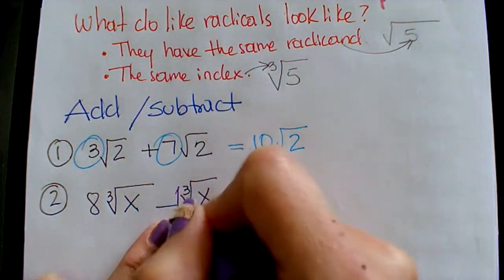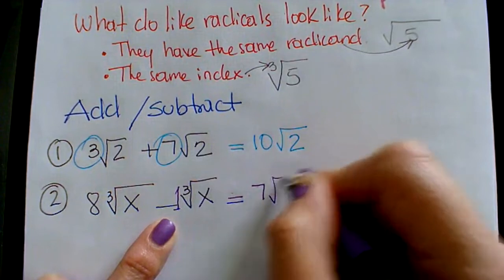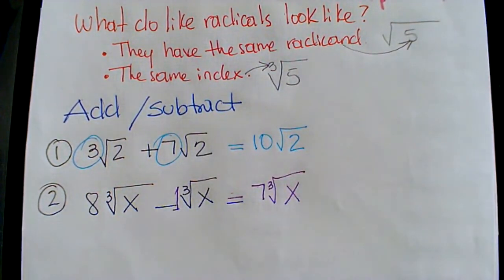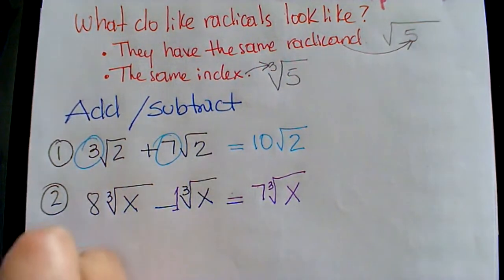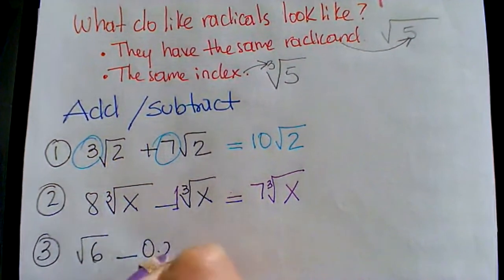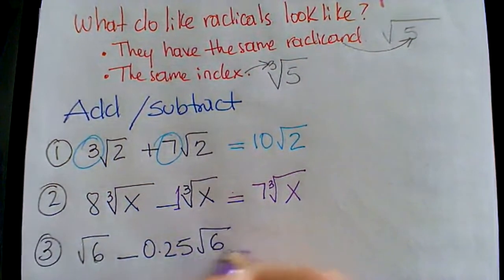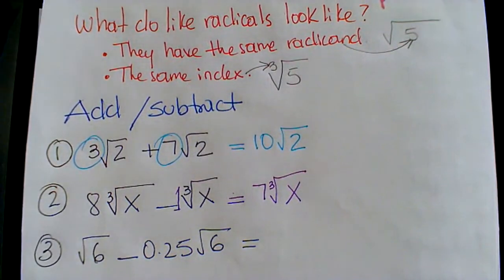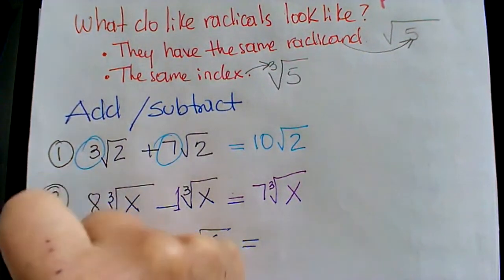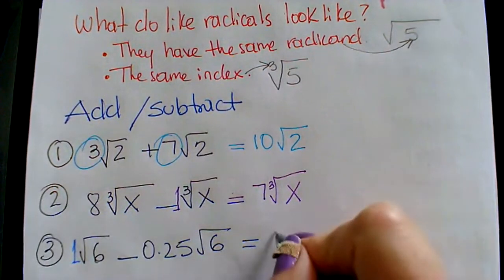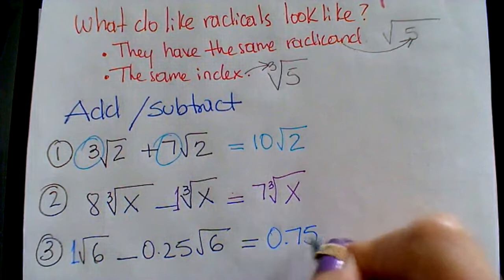Here's a 1. 8 minus 1 will be 7 cubic root of x. Let's do this one. We have a square root of 6 minus 0.25 square root of 6. What do I do? We have a 1 here, remember. So 1 minus 0.25 is 0.75.